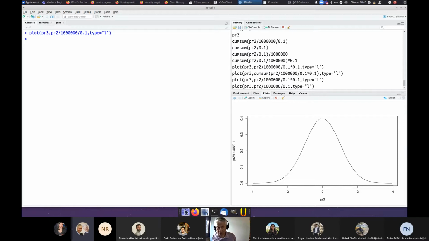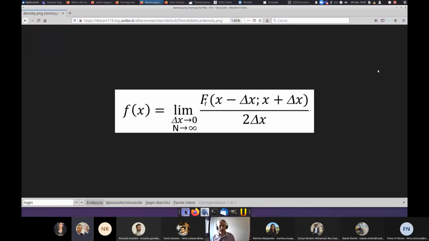And then the frequency has to be divided by the delta x. So let me get back the formula because I have the formula here. Here it is. So you see that you have the frequency at the numerator, and at the denominator, you have the length of the interval.